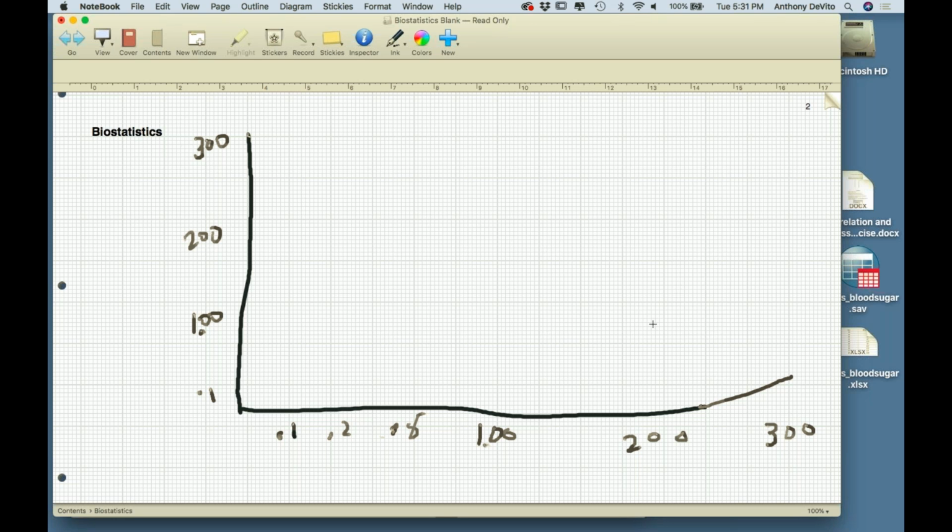So I'm going to call this the price of pizza, and this axis the cost of a subway ride. That point right there would be 0.15 on the x-axis, and 0.15 on the y-axis.